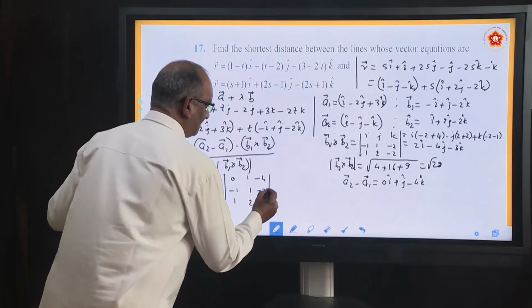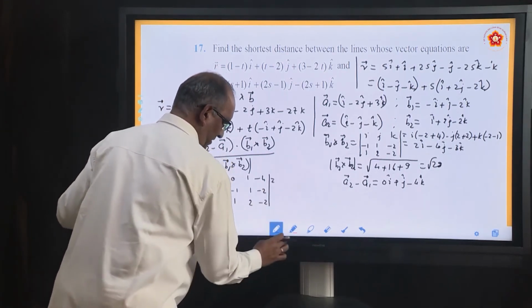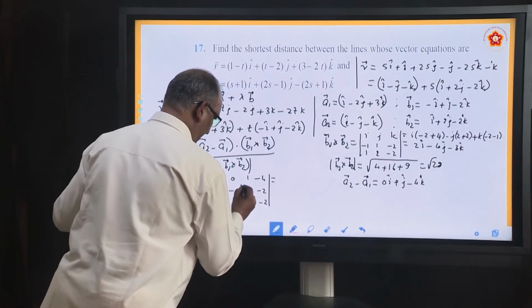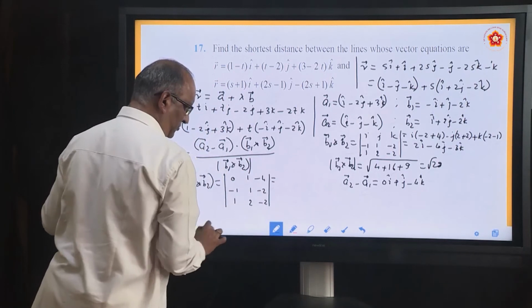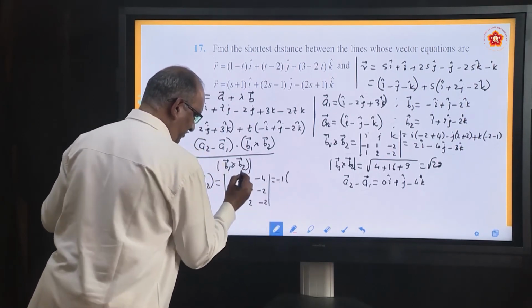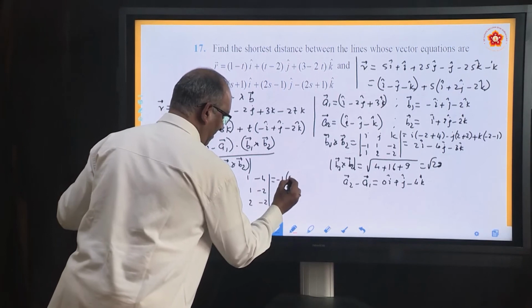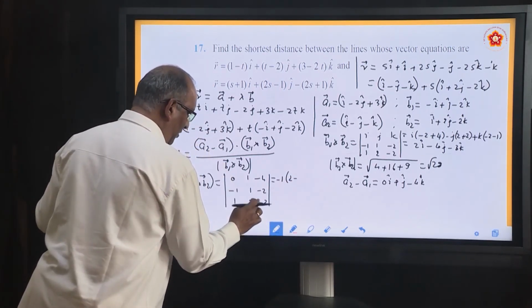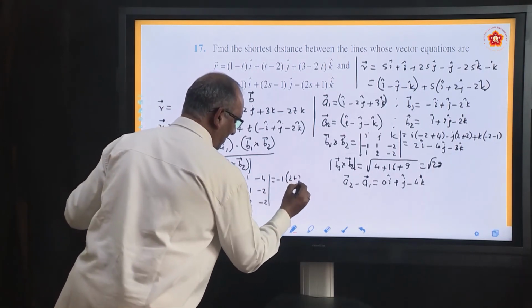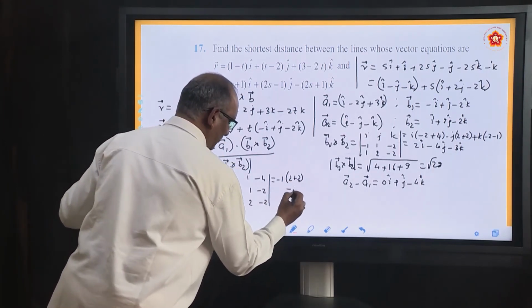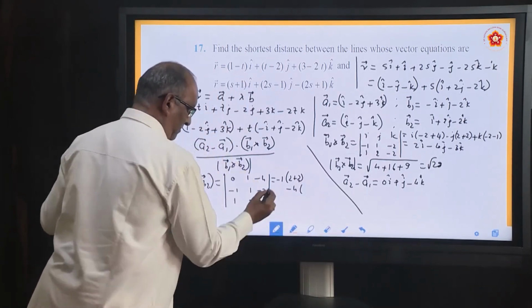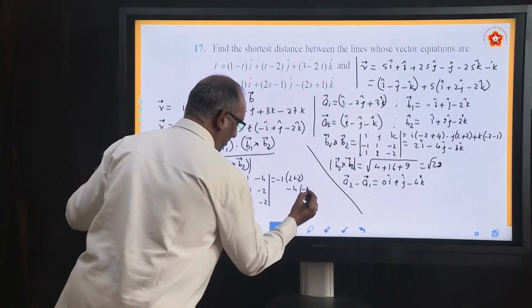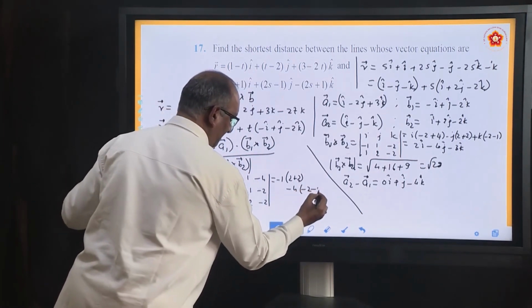Simplify it. Zero into anything will be 0, so no need to write. So it is minus 1 into 2 plus 2, correct? And then minus 4 into minus 2 minus 1.